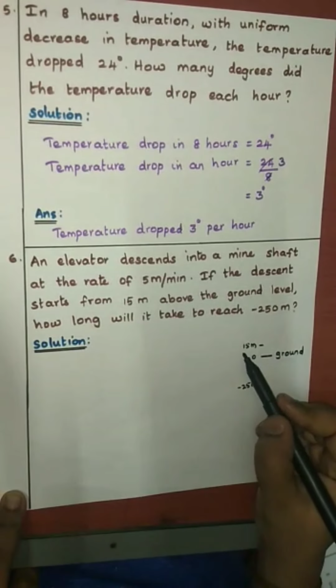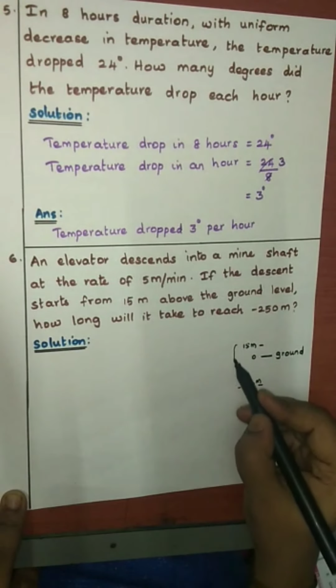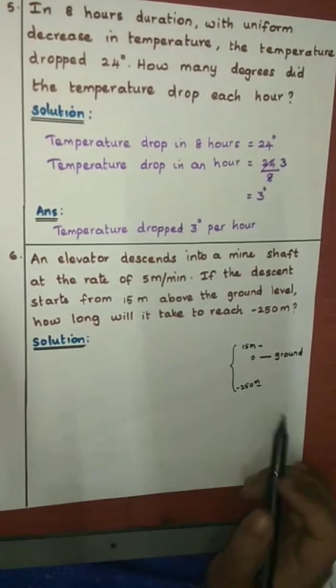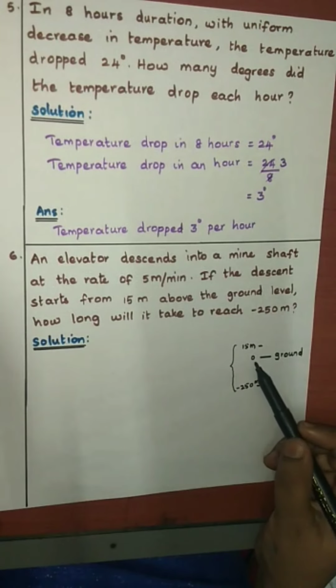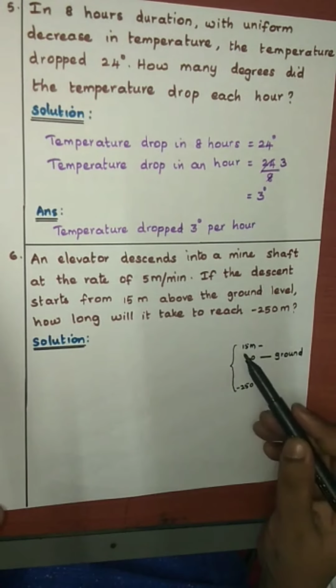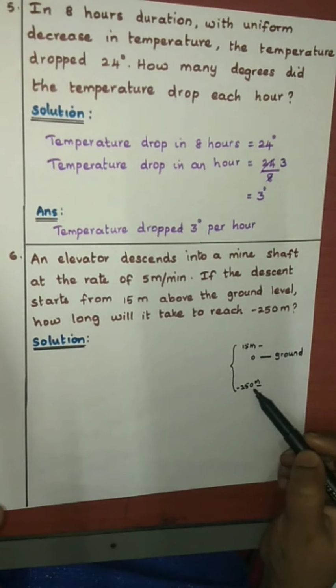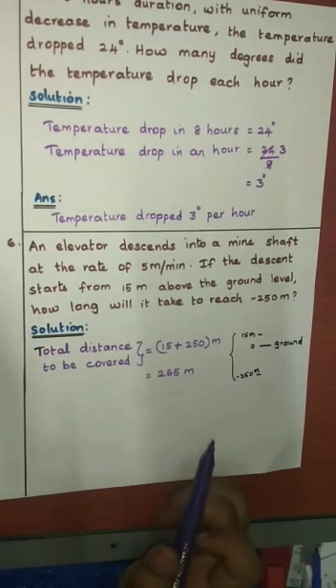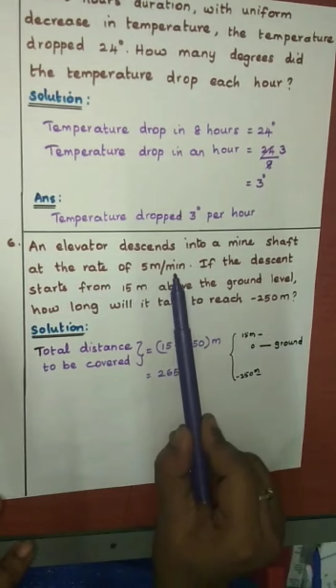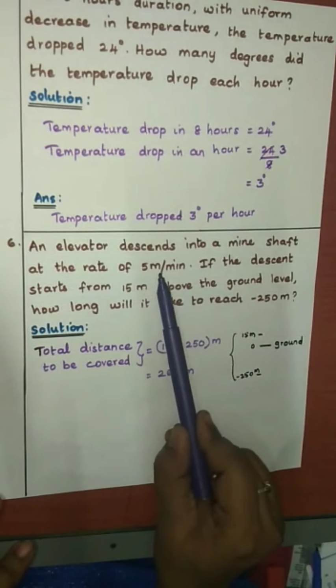So first you find the total distance. To find the total distance, add 15 meter which is above the ground level and 250 meter which is below the ground level. So 250 plus 15, 265 meter. And it is given the distance covered in 1 minute is 5 meter.